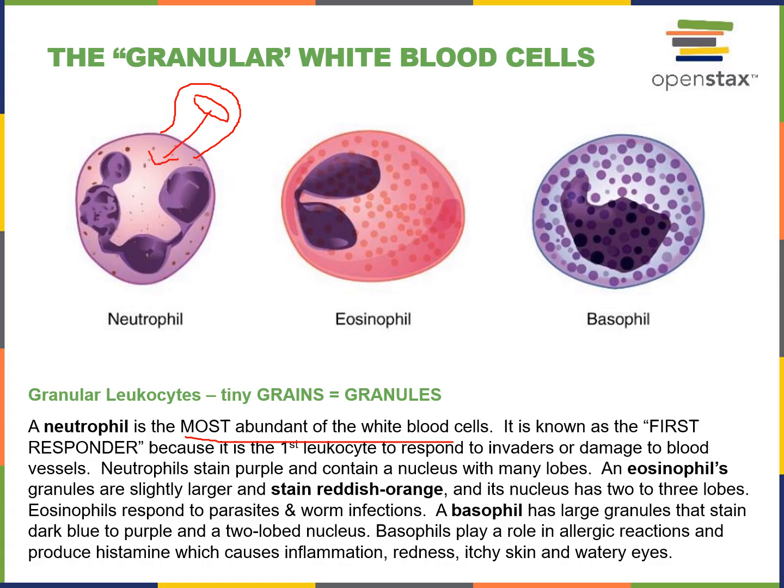Now these white blood cells have none of the characteristics that we said a red blood cell had. Remember, a red blood cell had no nucleus, no organelles, etc. These white blood cells are like your eukaryotic cell.